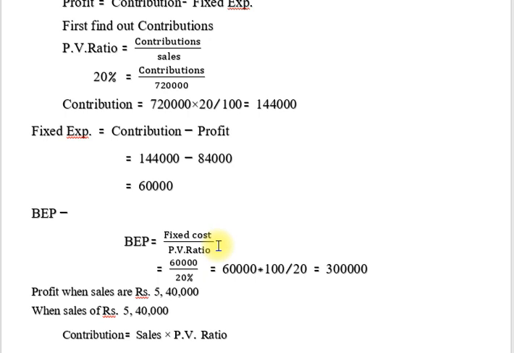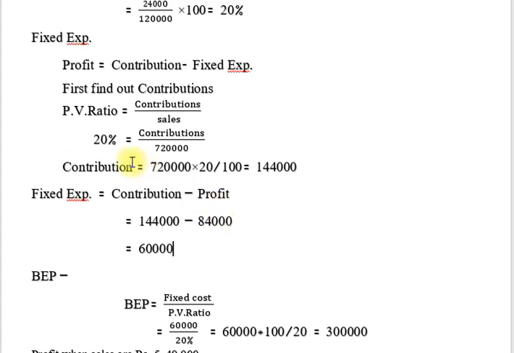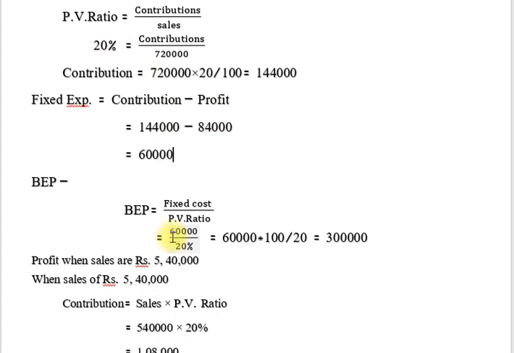In our second step we found fixed cost 60,000, and in our first point we found PV ratio 20 percentage. So 60,000 multiply 100 upon 20. The answer is 3 lakhs. So in this example the BEP is 3 lakhs.